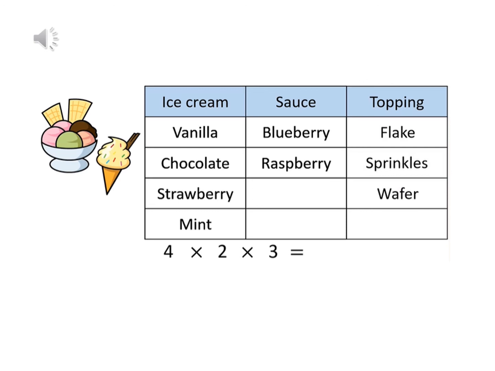We're going to multiply the answer to that by 3, because there are 3 toppings. 4 times 2 times 3 equals... The answer is of course 24. 4 times 2 is 8, and 8 times 3 is 24. There are 24 different possible combinations.